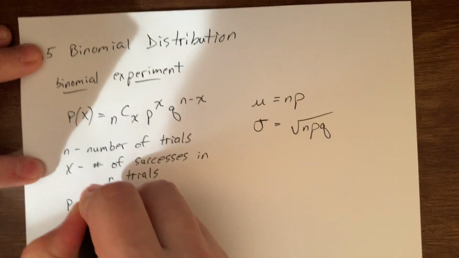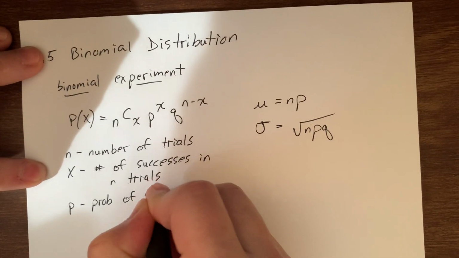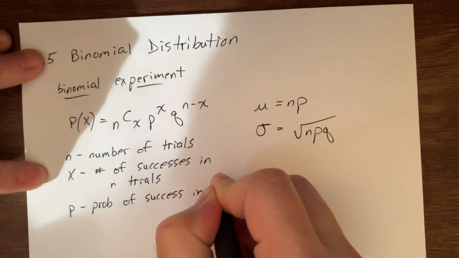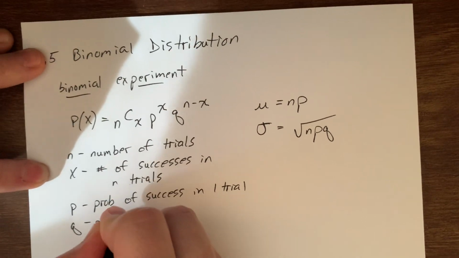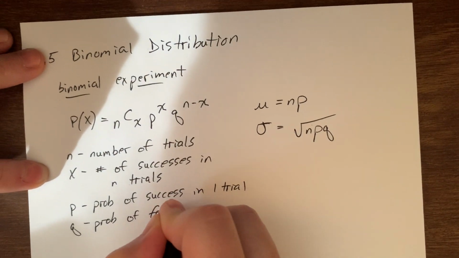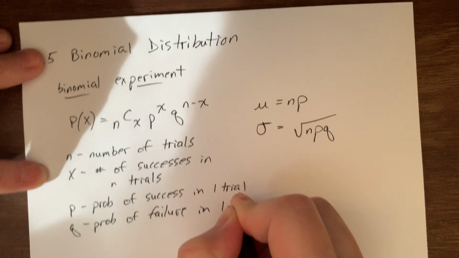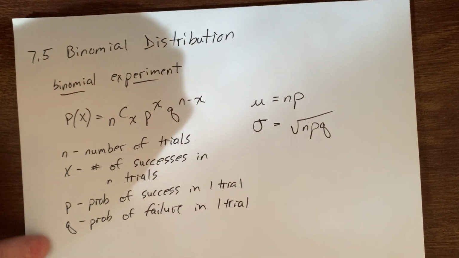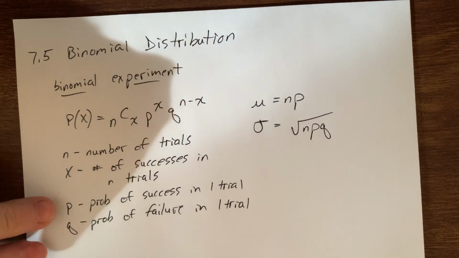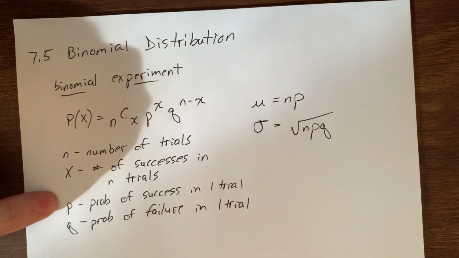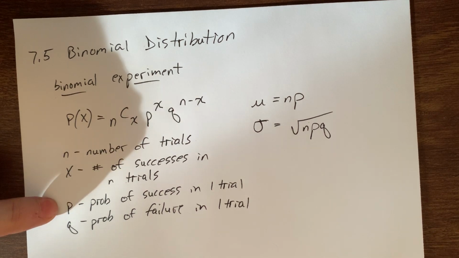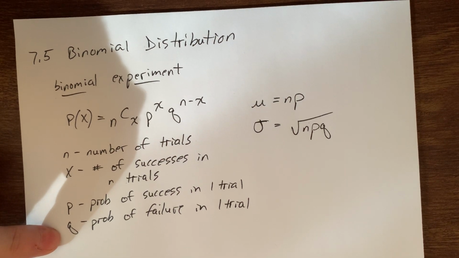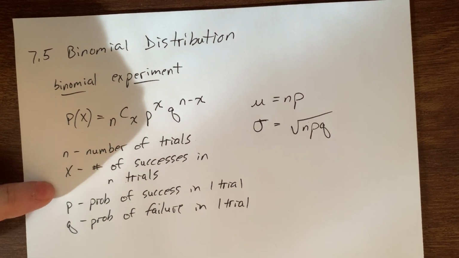Little p, the probability of success, but only in one trial. Little q will be the probability of failure in one trial. This idea of breaking this situation down into only two possible outcomes, these two will always be complements of each other. If I know the probability of success is 0.25, then I know the probability of failure is 0.75 because they have to add to 1.